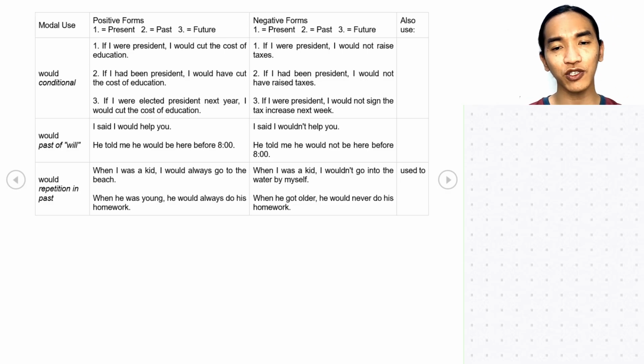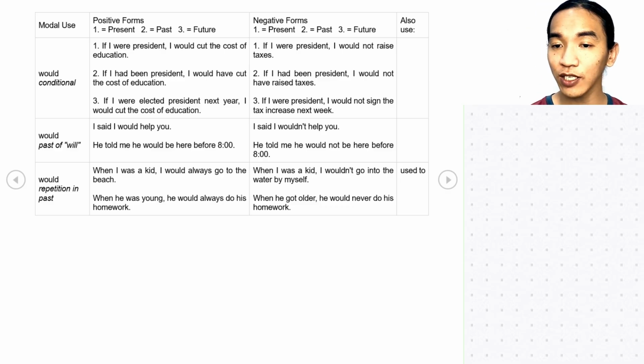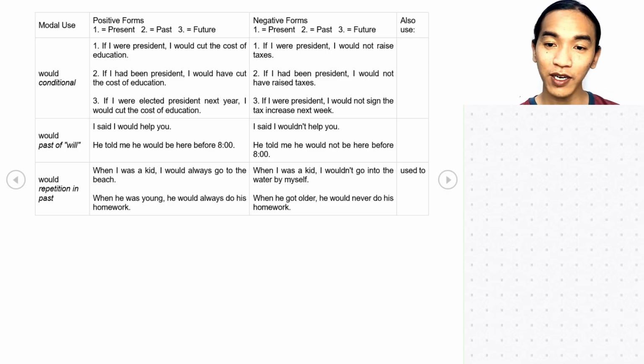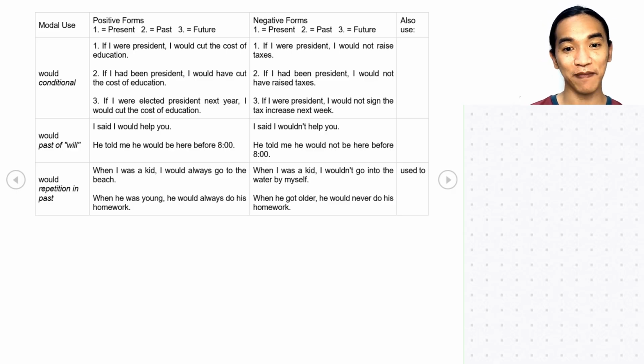So therefore, we could use would. For negative, when I was a kid, I wouldn't go into the water by myself. When he got older, he would never do his homework. So you can also use used to talk about these past habits.